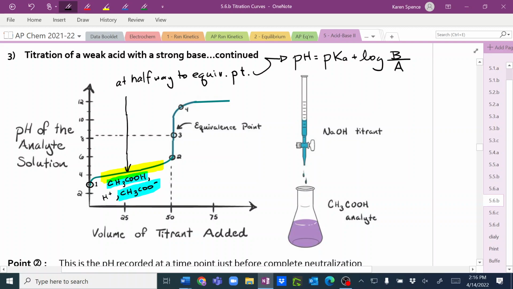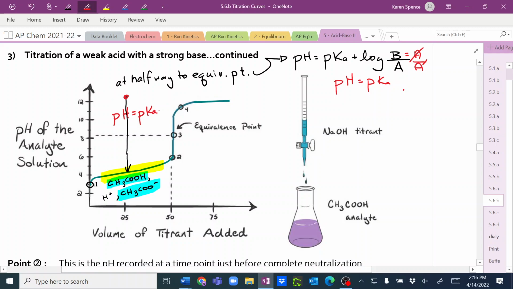And at halfway, those two would be equal, yes? And so pH is equal to pKa at the halfway equivalence point, okay? So right here, pH is equal to pKa.